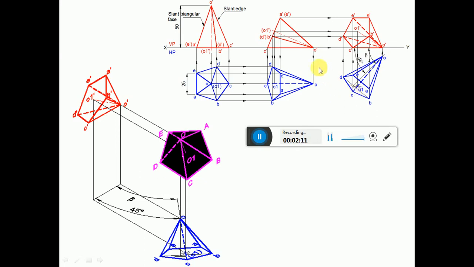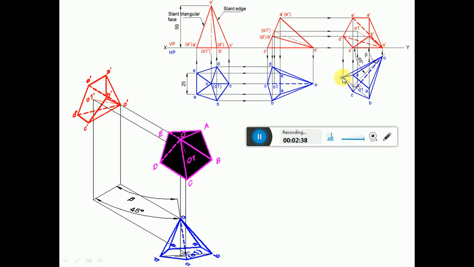So now we are redrawing the same sketch, the second position top view, on the apparent length line. Then you measure the length from O to this point. From O you mark that point on the OC line or OO1 line. Once you get this point, using the protractor you measure an angle of 90 degrees with respect to OO1.